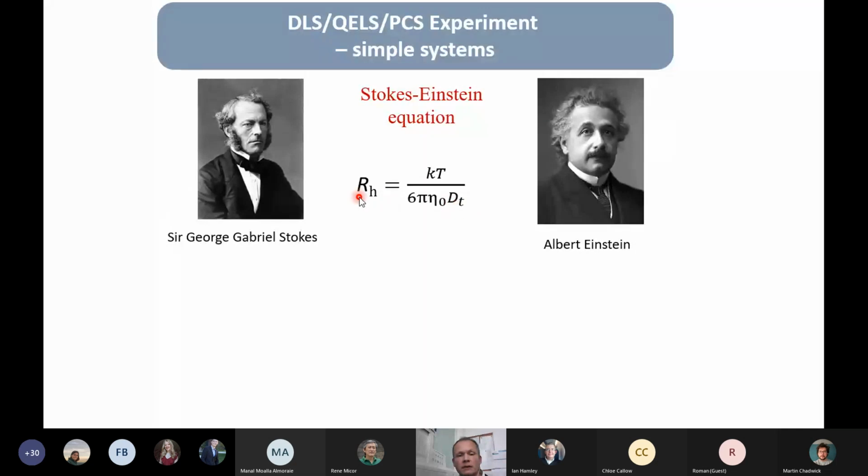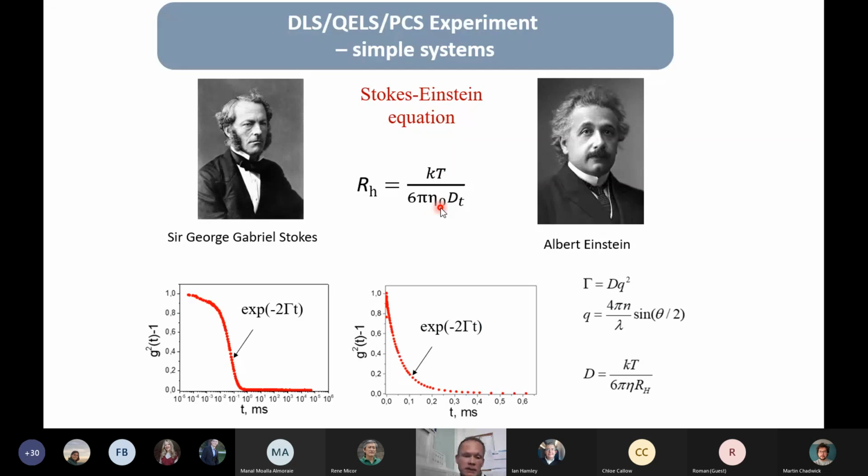And conversely, the bigger the nanoparticles, the bigger the emulsions, the bigger the proteins, the lower the value of the diffusion coefficient. To make these calculations, you have to know the temperature, because temperature definitely influences the diffusion, and the viscosity of the solvent.